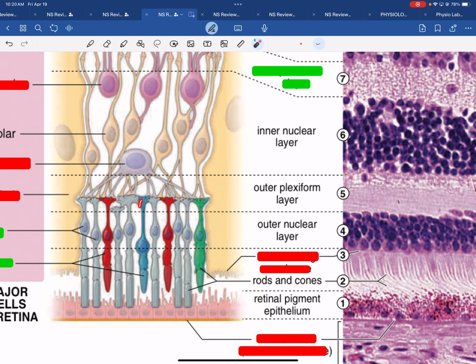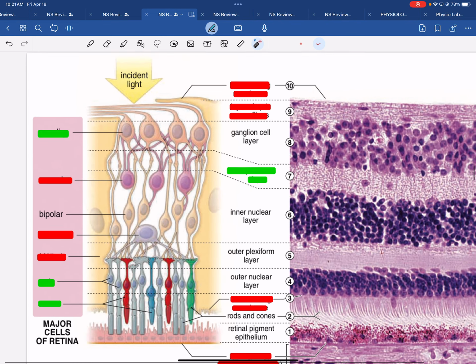Here's a photoreceptor, this is its dendrite, that's its axon. And then here's the bipolar cell, that's its dendrite, and then there's its axon. The dendrite and the axon form a network, a plexiform. So this is the outer plexiform layer.